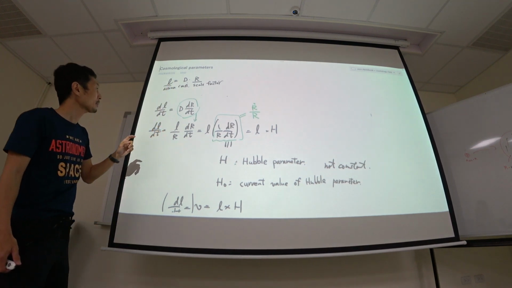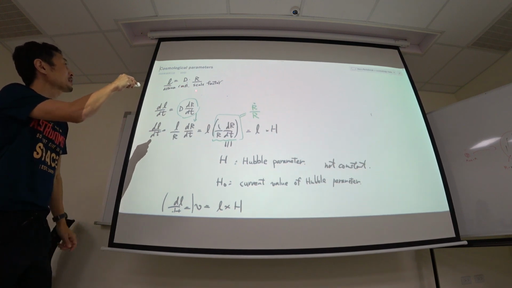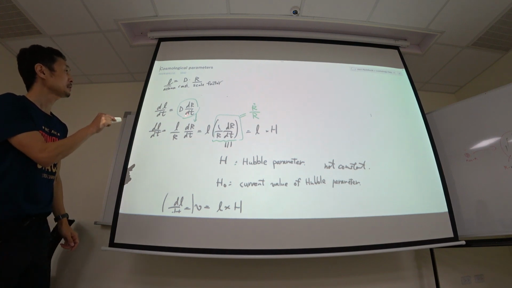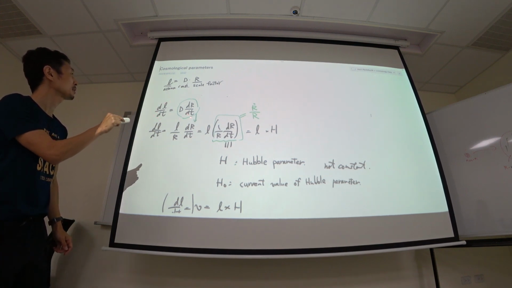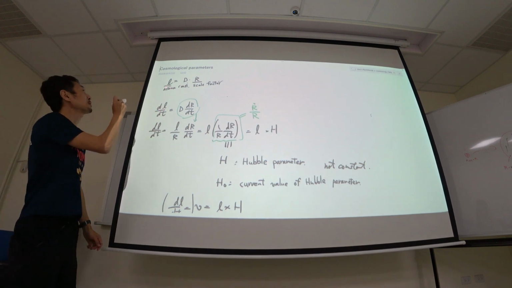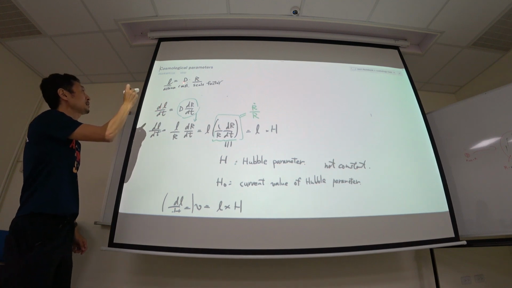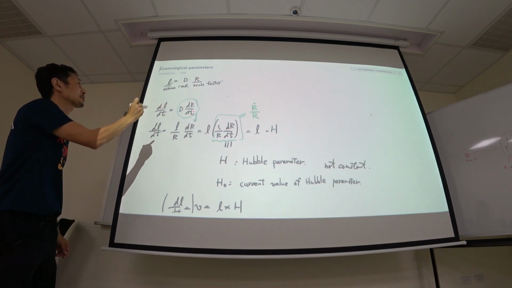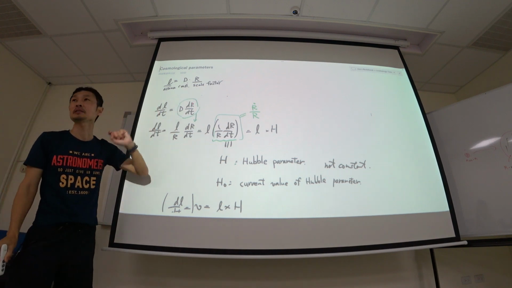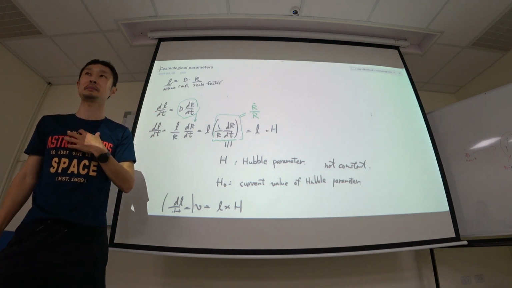This constant part stays fixed, but the scale factor is a function of time. So if we take a derivative, that tells you the expansion speed, right? This is distance, and the distance's time derivative is speed. And since this is constant, it's proportional to the scale factor's time derivative. So the scale factor's time derivative tells you the speed of the expansion of the universe.